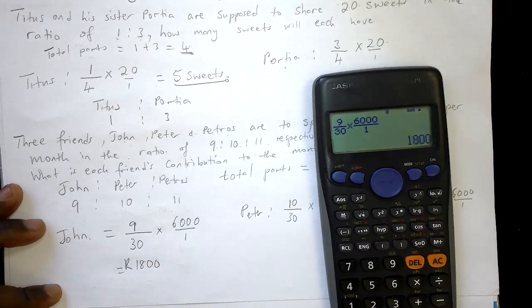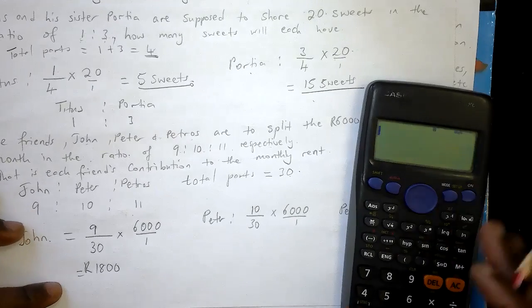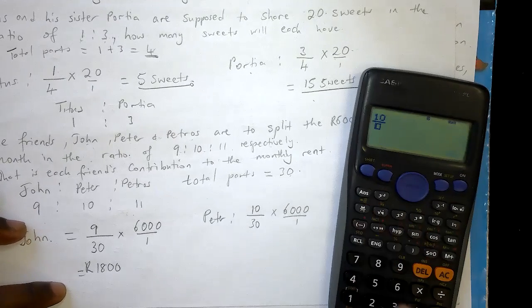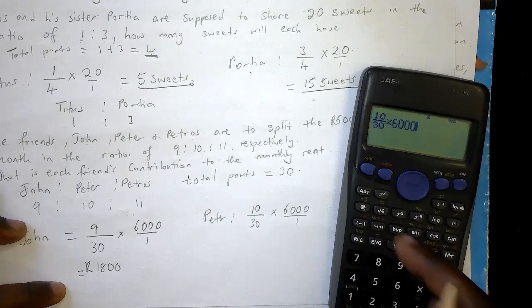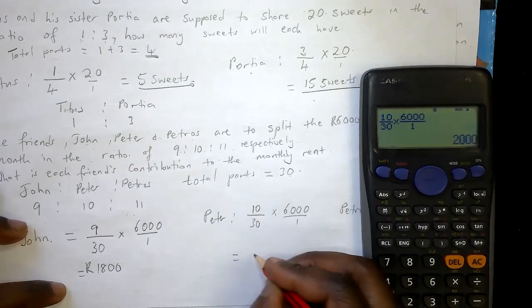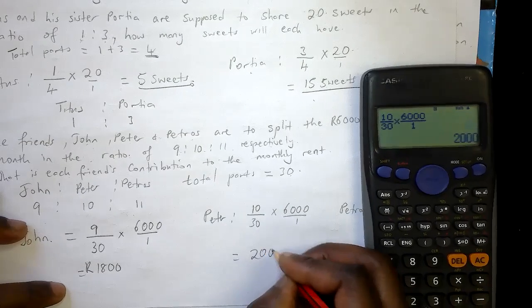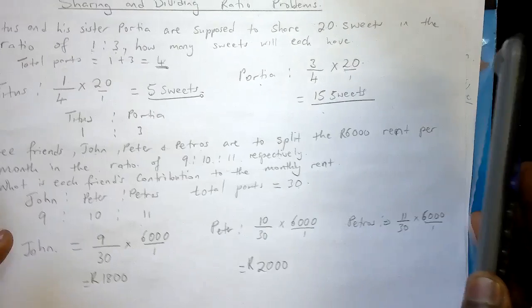Units, please. Units. Now, then again, for Peter it is 10 over 30 times 6,000 over 1. We get 2,000. So Peter will be paying 2,000. I think it is because their rooms are different.